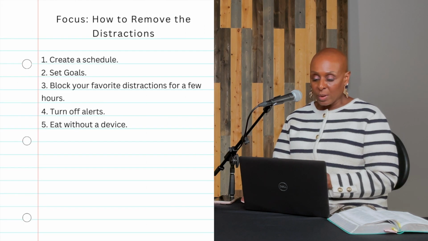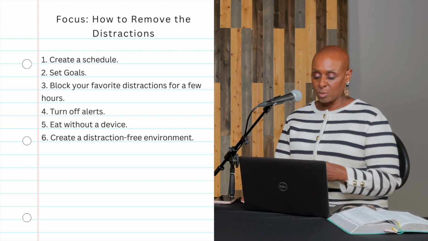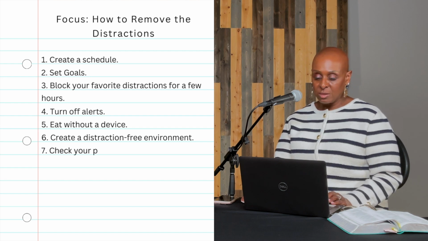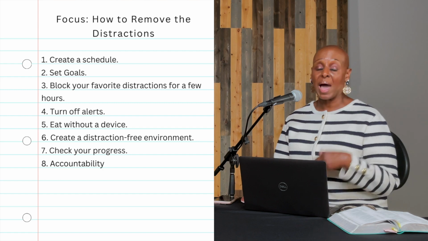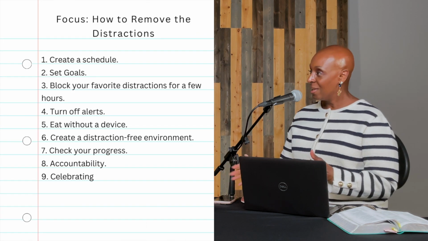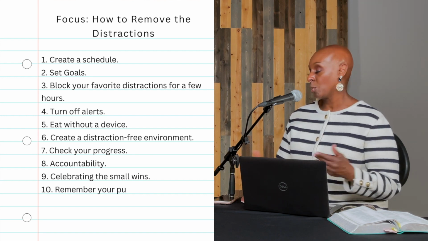Number 6, create a distraction-free environment. Number 7, check your progress, see how you're doing. Number 8 was accountability. Get someone in your life, hire a coach, a mentor, your girlfriend, to help you share your goals with this person. And then number 9, celebrate the small wins. And for number 10, remember why you're doing this. That's your purpose.